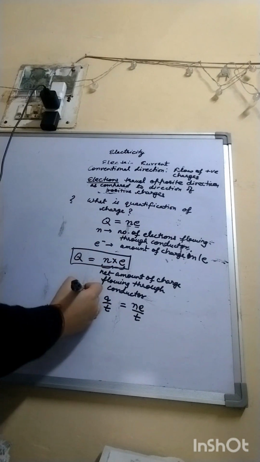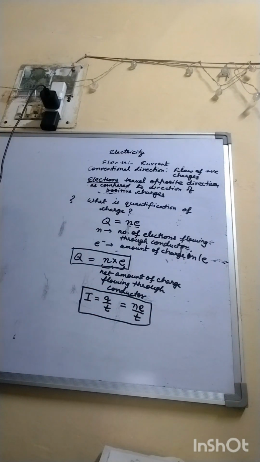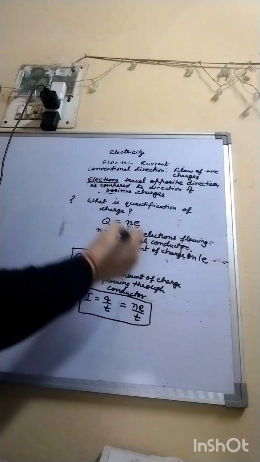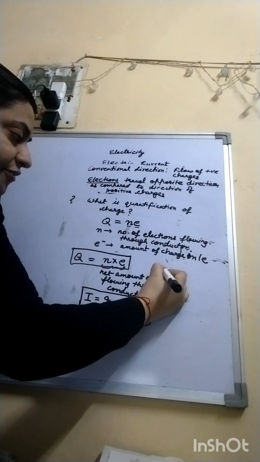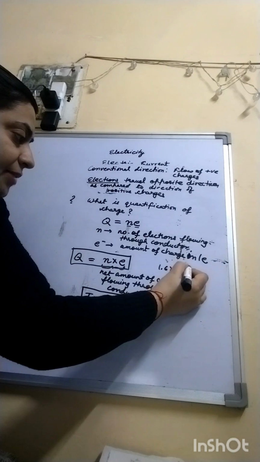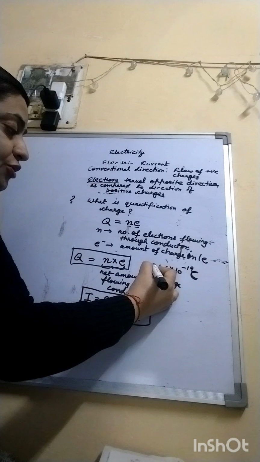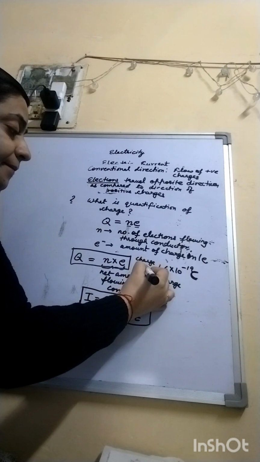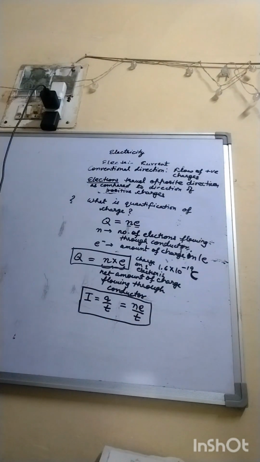So another formula of electric current is I is equal to Q by T, or I is equal to NE by T. Now here you must remember that the charge on an electron is 1.6 into 10 raised to power minus 19 coulomb. C is the unit of coulomb. So the charge on one electron is 1.6 into 10 raised to power minus 19 coulomb.